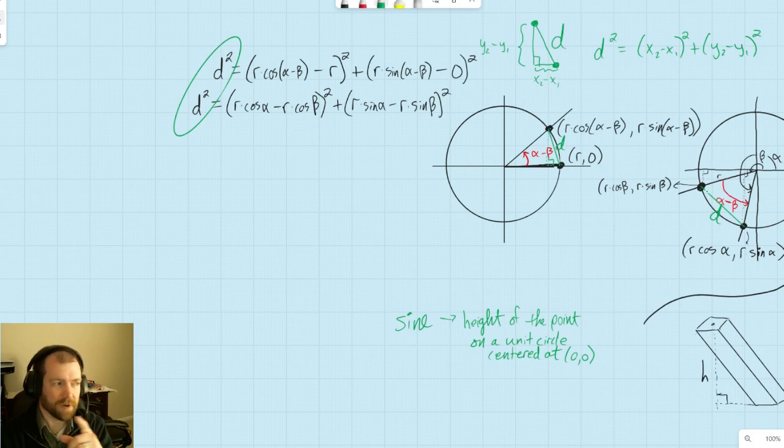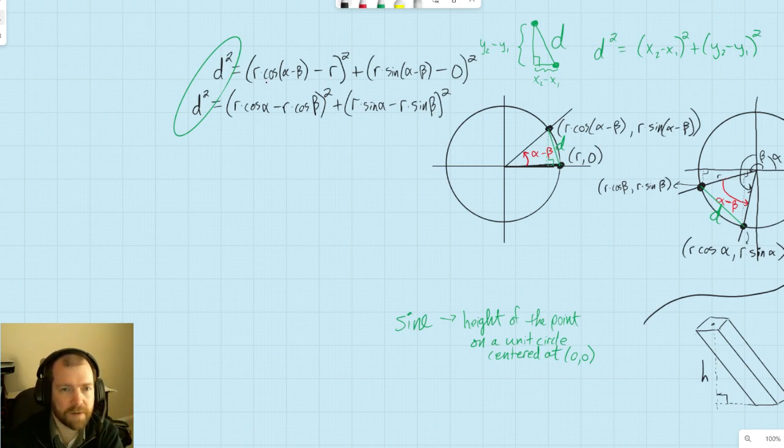Then we also have the two sides, which go from the center out to the edges. Those are the radii of the circle. So therefore we have a side, angle, side congruence between these two triangles. Okay, so these two distances are identical to each other. Therefore, we can set their individual equations equal to each other.